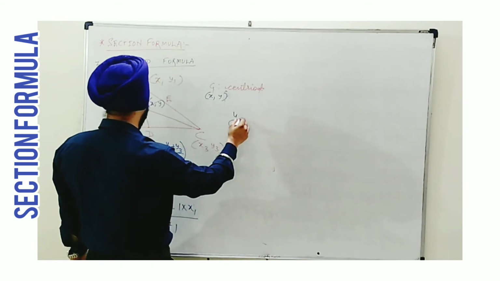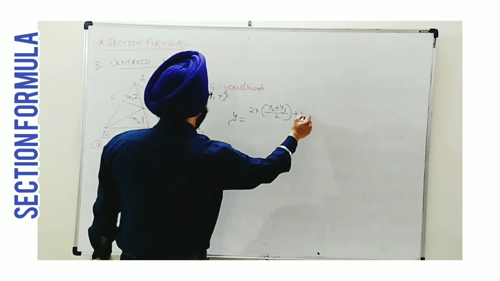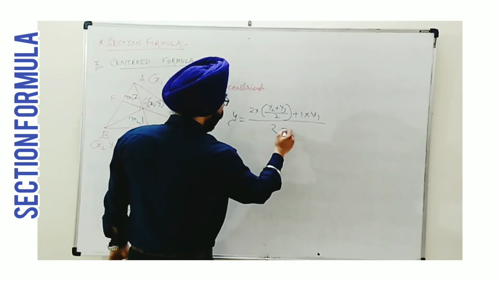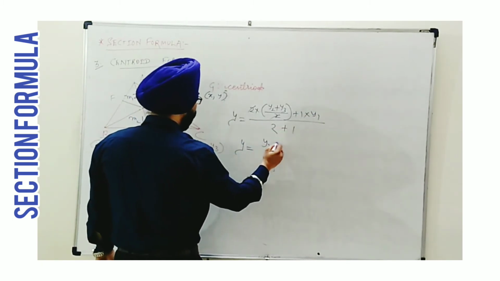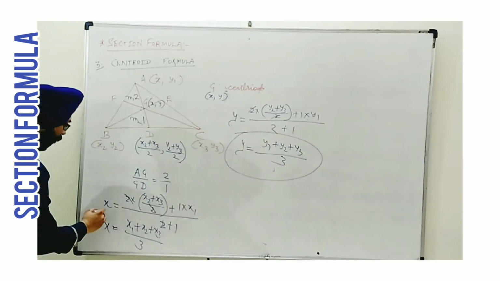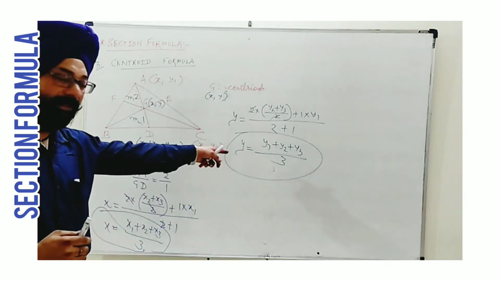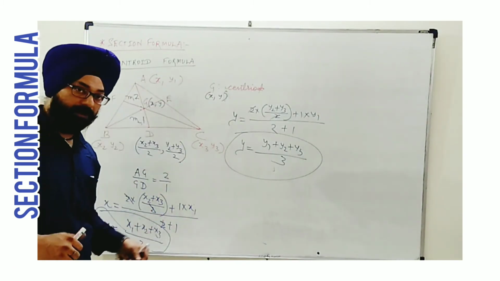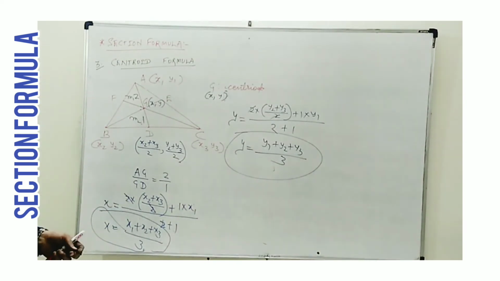So y can be obtained as 2 into (y2 plus y3) upon 2, plus 1 into y1, upon 2 plus 1. These two cancel out and we are left with y equal to y1 plus y2 plus y3 upon 3. This way we have both the abscissa and ordinate of point G, the centroid. This is known as the centroid formula to obtain the coordinates of the centroid using the vertices of the triangle. So this way we can use the centroid formula.